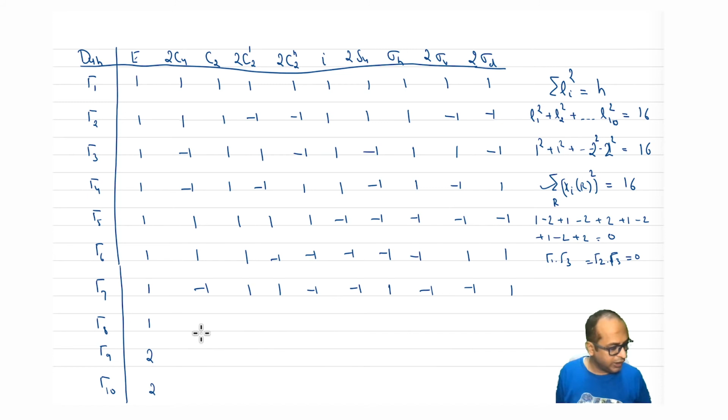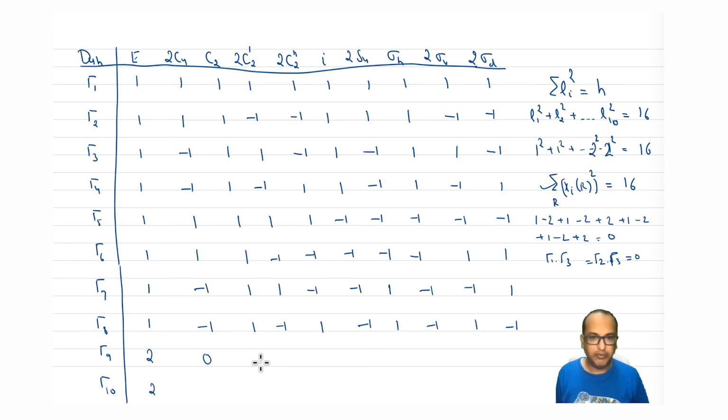Okay, the last 1D representation is tau8, which is 1, minus 1, 1, minus 1, 1, minus 1, 1, minus 1, 1, minus 1. Okay. And for 2D, again, using the same rules, you can find out the characters for 2D also.